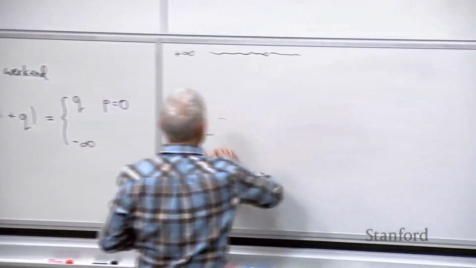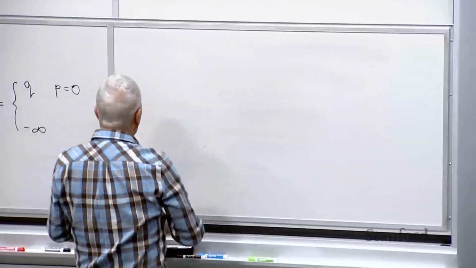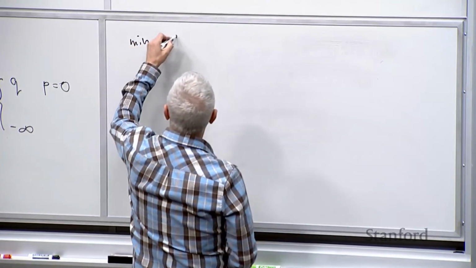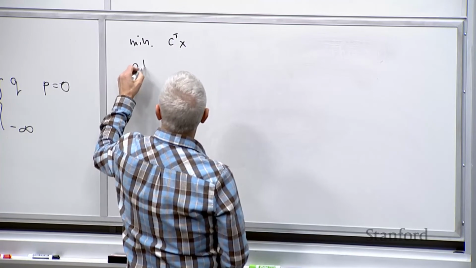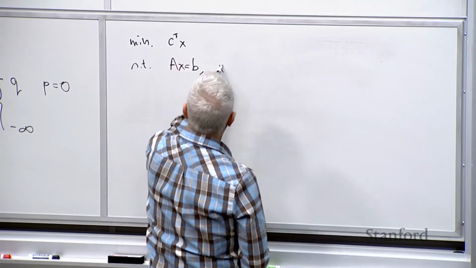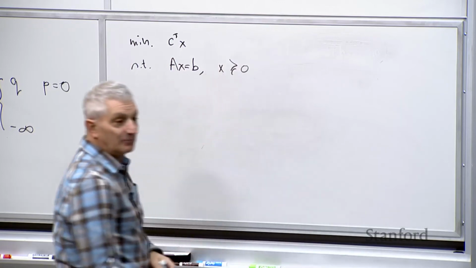Let's do that. So my original problem is: minimize c transpose x, subject to Ax equals b, and x is bigger than or equal to 0, right?